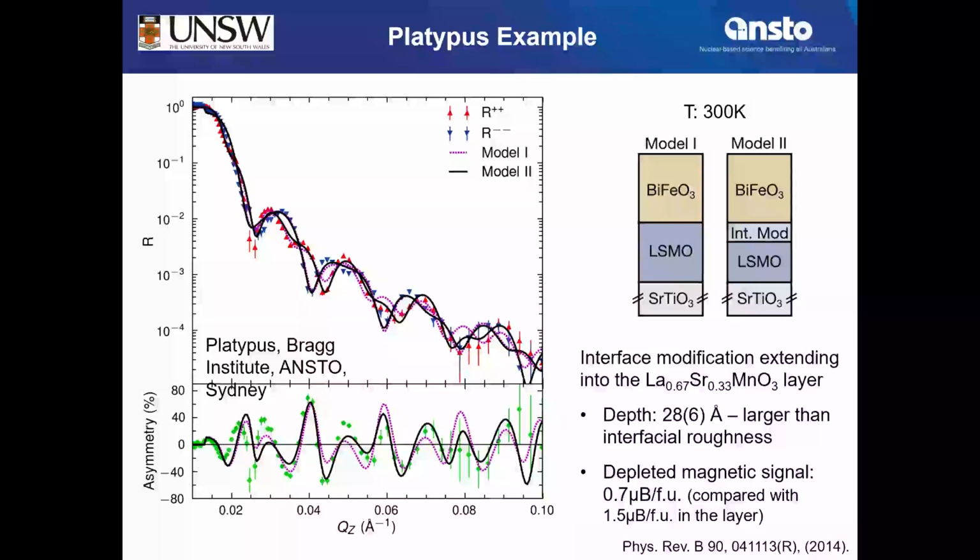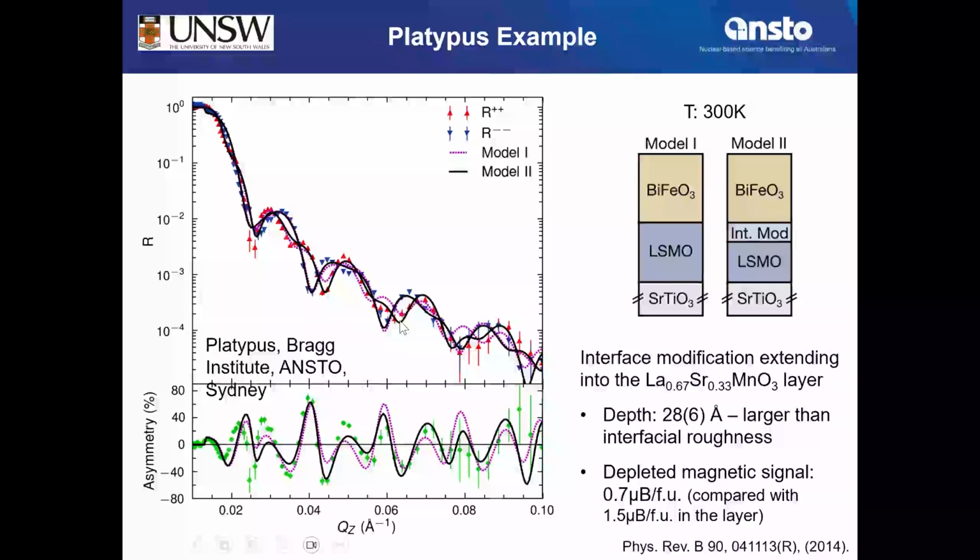The idea here was, can we manipulate the cycloidal spin structure in bismuth ferrite through the lanthanum strontium manganite ferromagnetic structure, and therefore we would need an intermediate magnetic layer, not a crystallographic magnetic layer, to enhance that interaction. So we did the experiments.